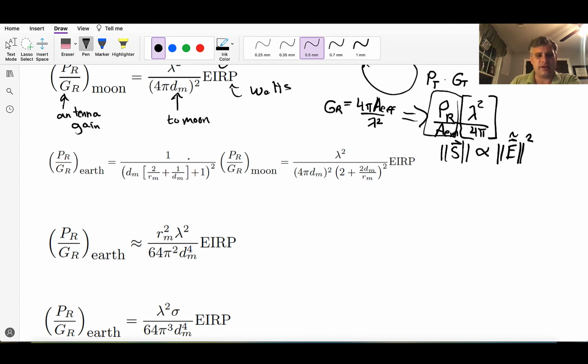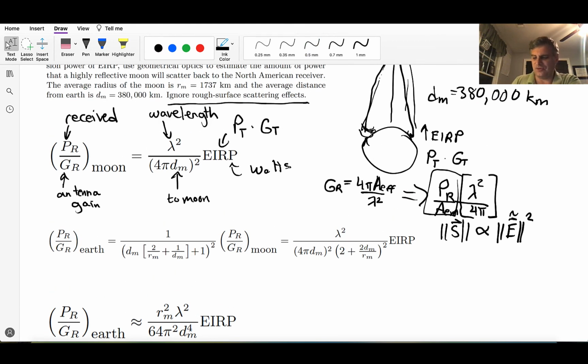So we know that we launch a spherical wave from the Earth. There's a point source over here, and the curvature, both rho 1 and rho 2, are going to be equal to the distance traveled by that spherical wave. So I'm going to have two identical terms, which in the previous solution were two square rooted terms. Since we're dealing with power, which is proportional to the magnitude of the field squared, I square those terms.